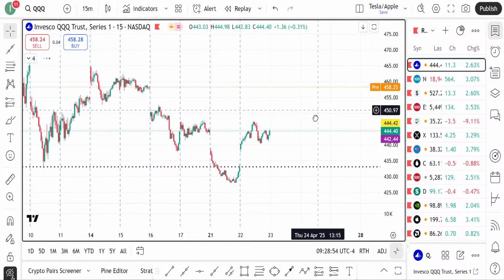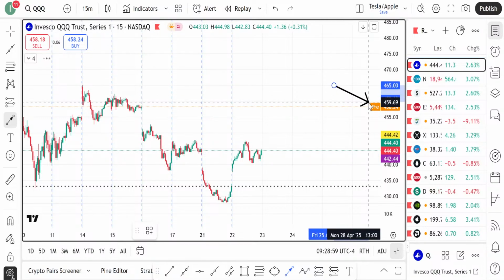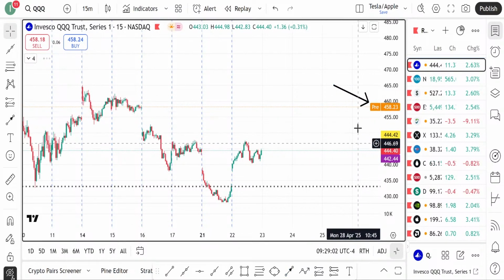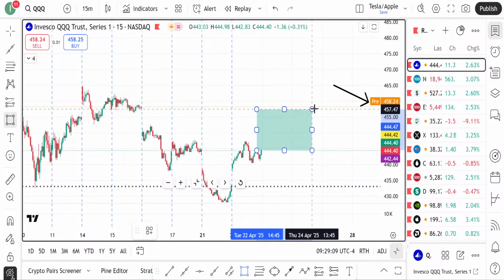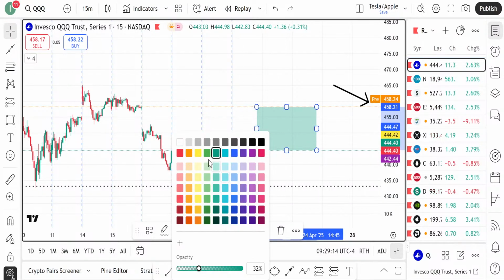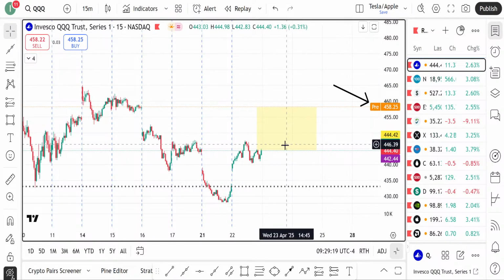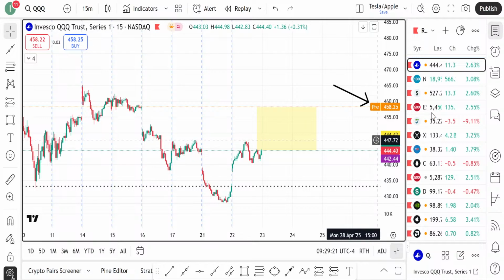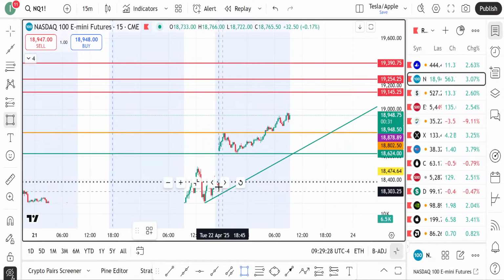As you can see here on the Qs, where it says pre-market, that's the pre-market price right now. This is what price is currently. This is what price closed. So this is creating a gap that could potentially fill. We could fill this gap today. So that's what I'm showing you here. Price from here, we closed here yesterday.